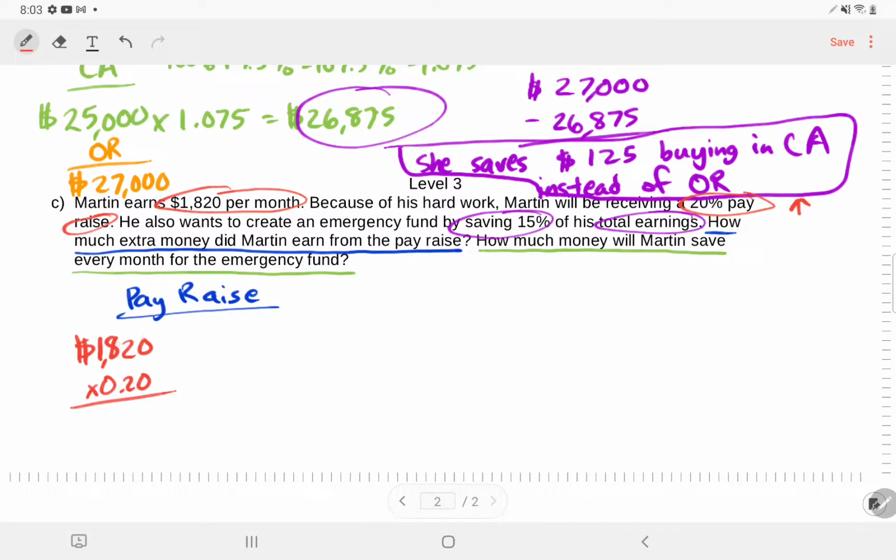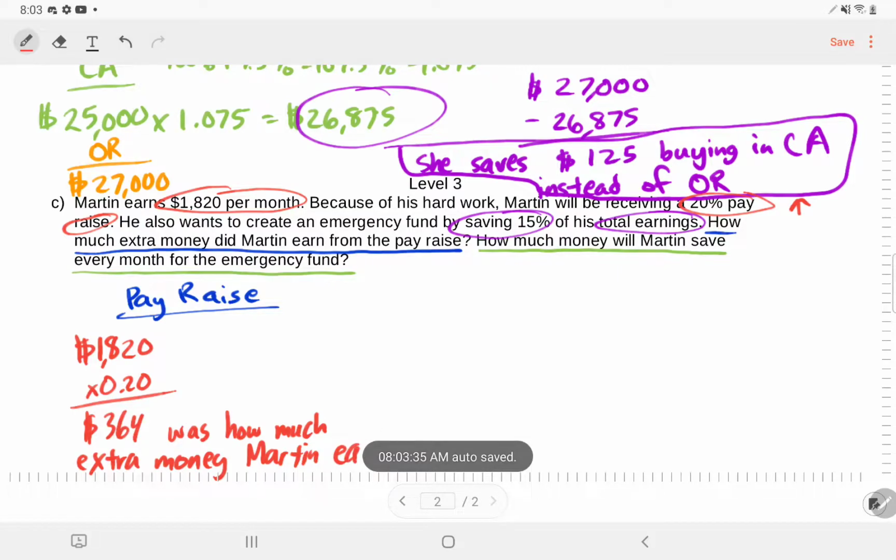So $1,820 times 0.20 will give us $364, the extra money Martin earned from the pay raise. So $364 was how much extra money Martin earned from the pay raise.